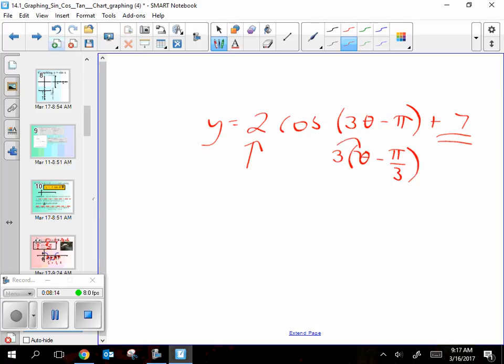Because this times this makes 3 theta, and this times this makes minus pi. The cool thing is now, when you do your renumbering first, you will then move it negative pi over 3.